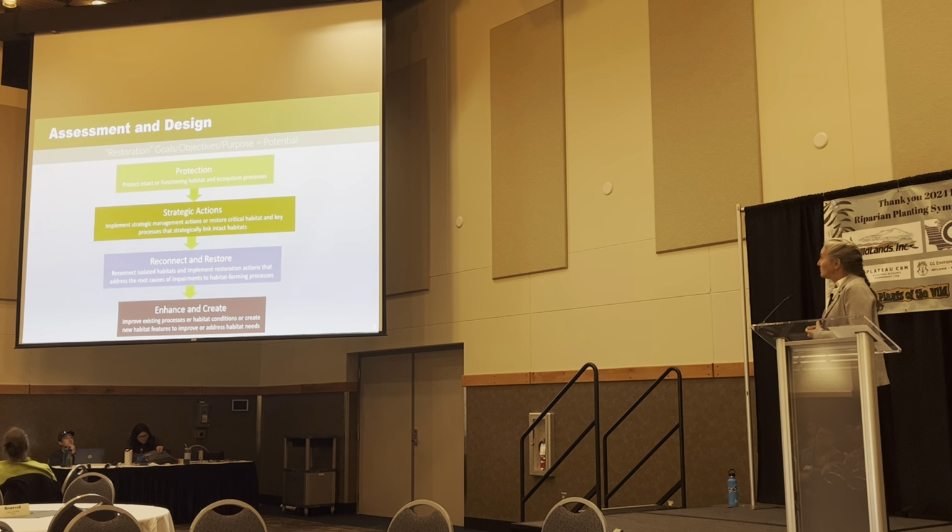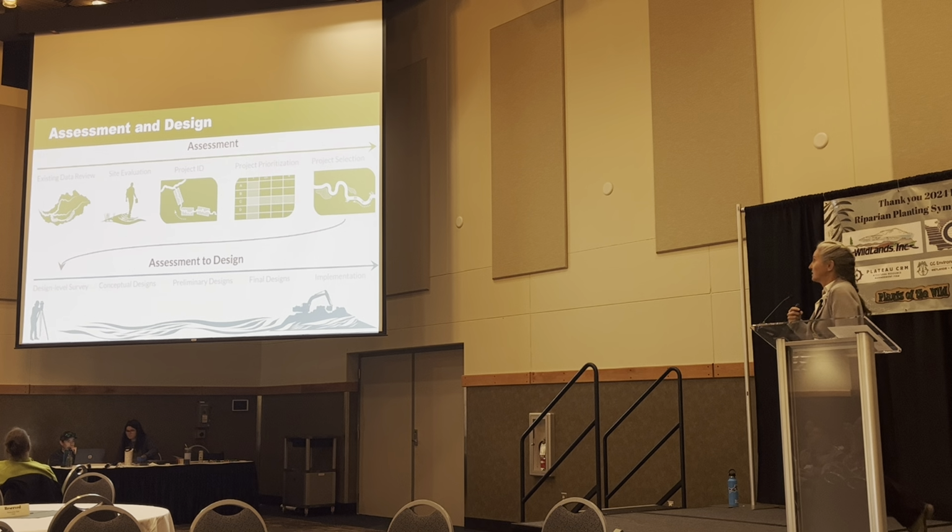And if you're at one site, maybe one of these approaches works, but oftentimes you're in a reach or in a project area where all of these or some of these play a role. So doing the assessment process helps you identify what your approach is going to be. And again, assessment and design all work together.